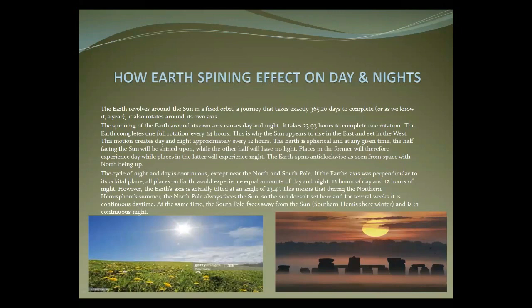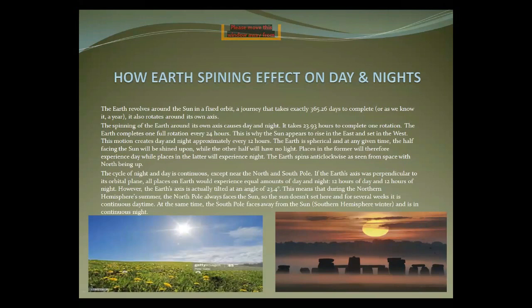The Earth is spherical, and at any given time, the half facing the sun will be shined upon, while the other half will have no light. Places in the former will therefore experience day, while places in the latter will experience night.